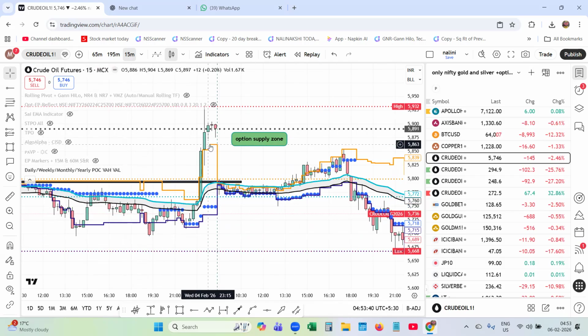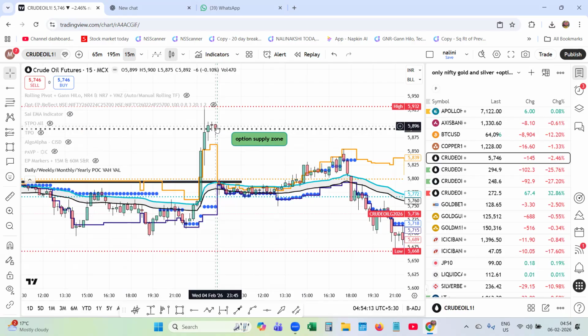Even on the EP indicator you are able to make out value was not built, and even in the market memory POC, you get to know that the point of control has not risen along with this. Price moved above the value area, and finally they closed around this.